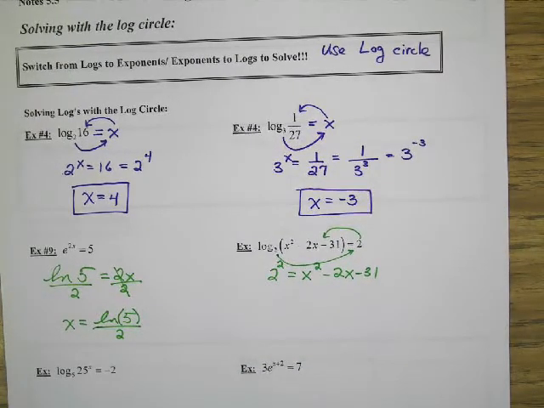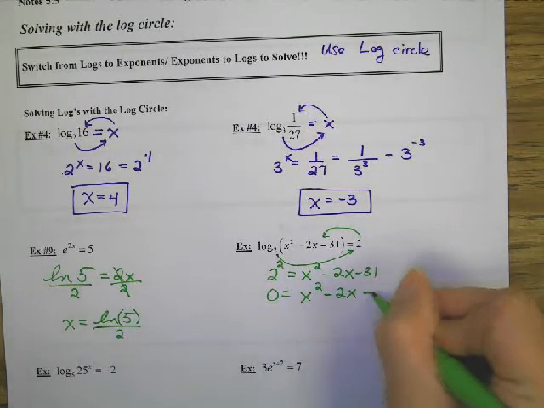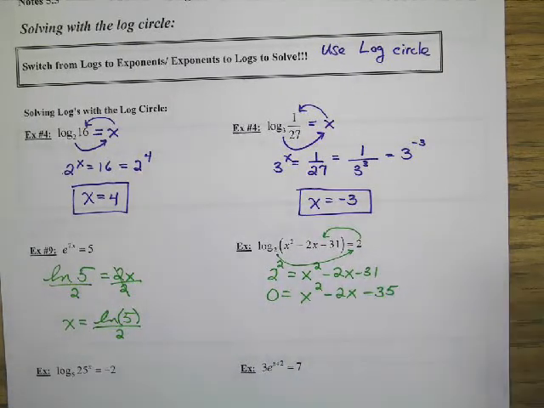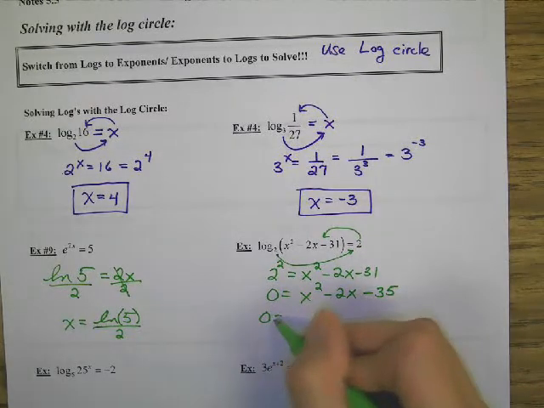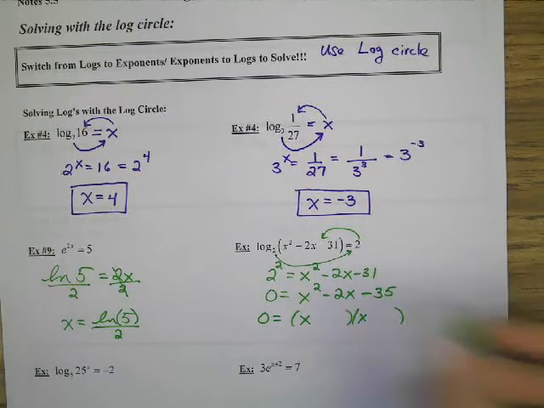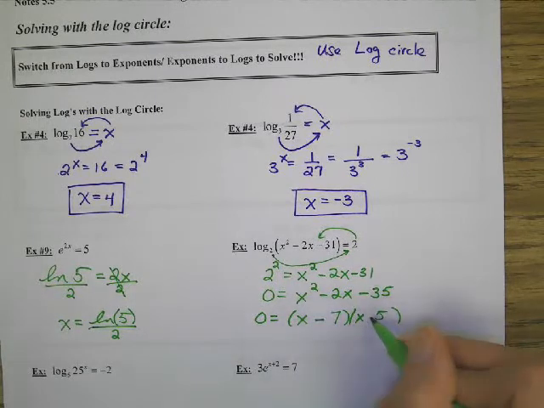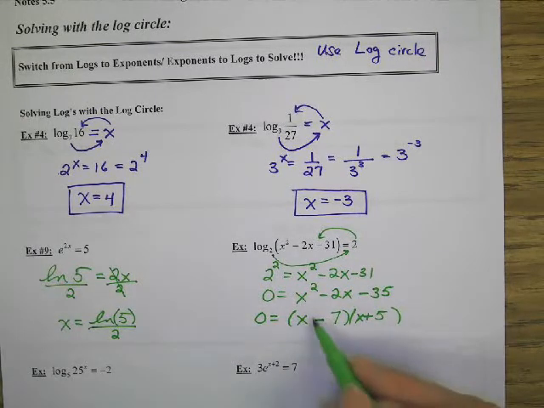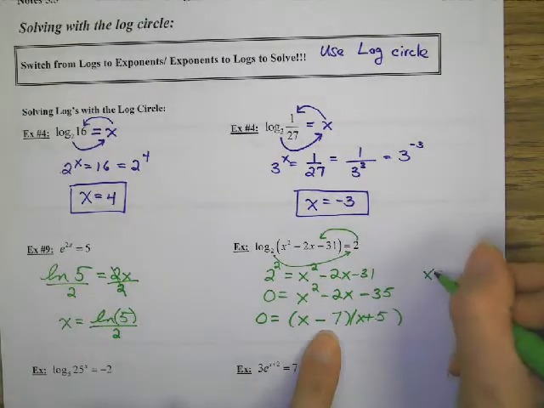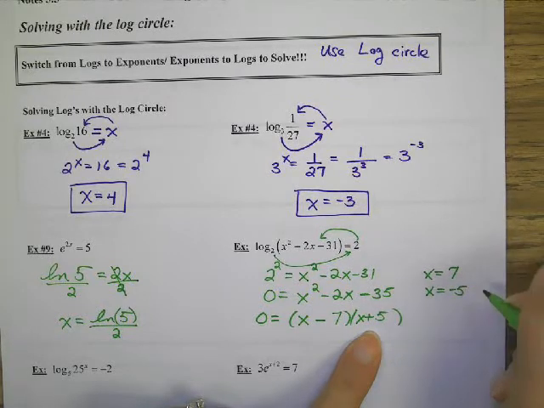How do you solve a quadratic? You're going to move everything over, make a 0, put it in descending order, and then, of course, we're going to factor. So we have x and x. 35 is probably 7 and 5. One of them needs a negative. Minus 7 plus 5, you say? I think that's going to make a negative 2x. That's good. Okay, so my answers are x equals 7 and x equals negative 5.